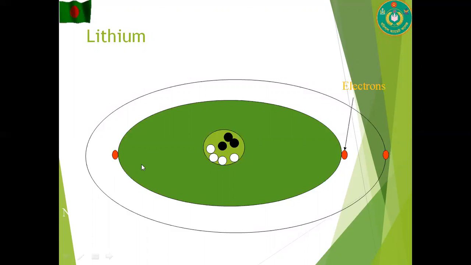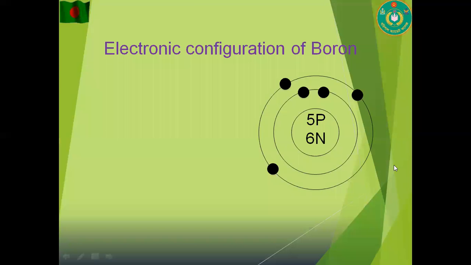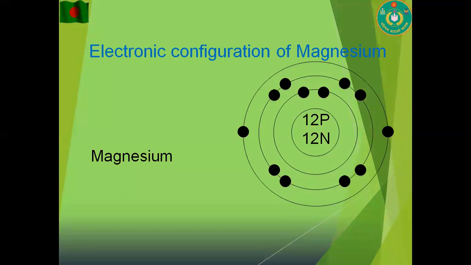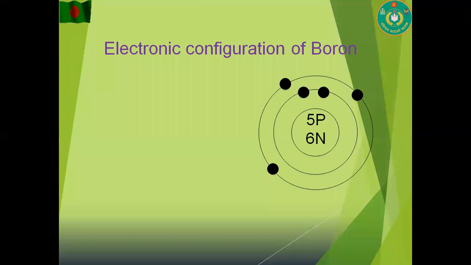In the case of boron, there are 5 electrons: in the first orbit 2, and in the next orbit 3 electrons are present.